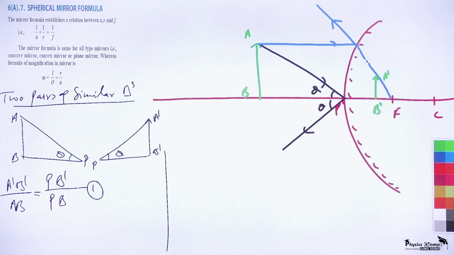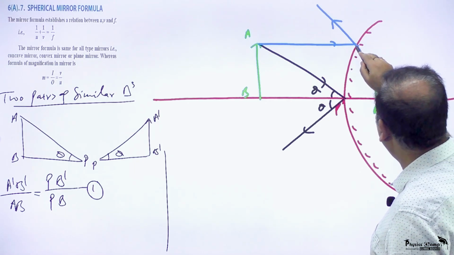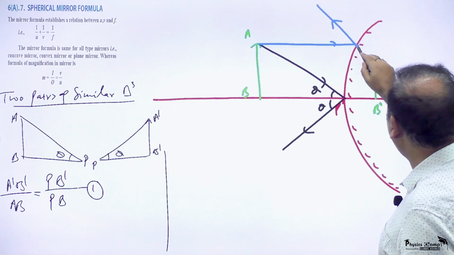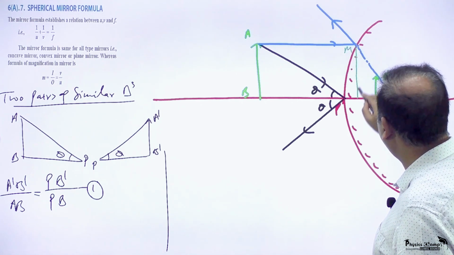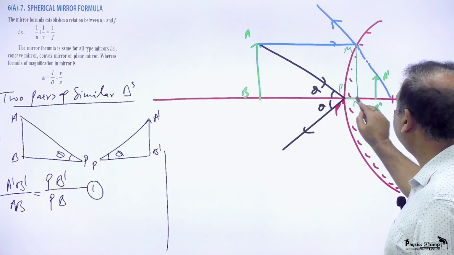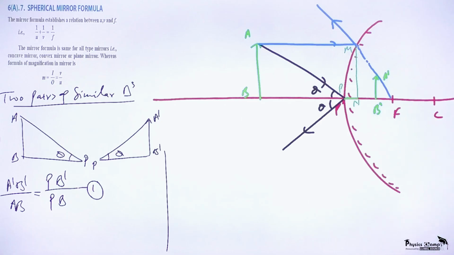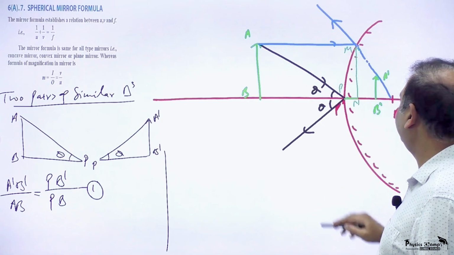For that, I assume here one more line, and that is MN. You know this NP is negligible and MN is equal to AB.